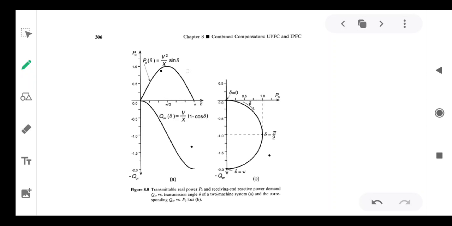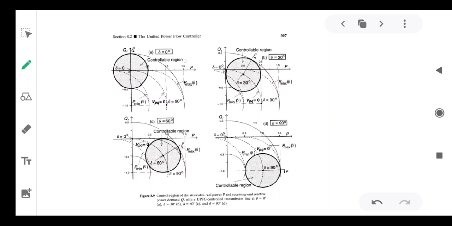This variation is the capability of the converter for P and Q. This is the control region of the real power and reactive power of the UPFC. When delta is 0, the controllable region has P and Q both 0 at this point.